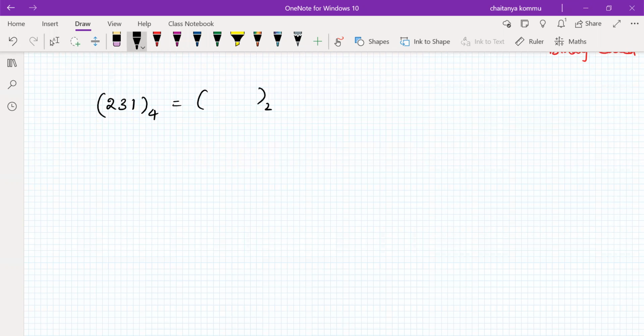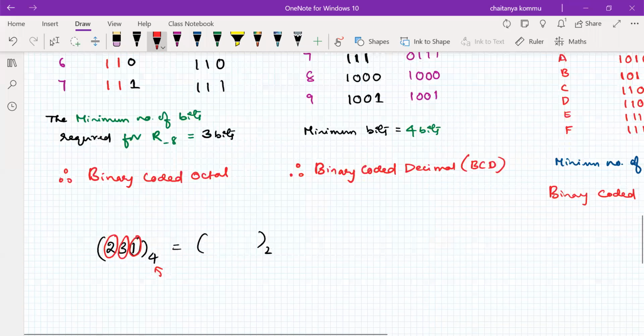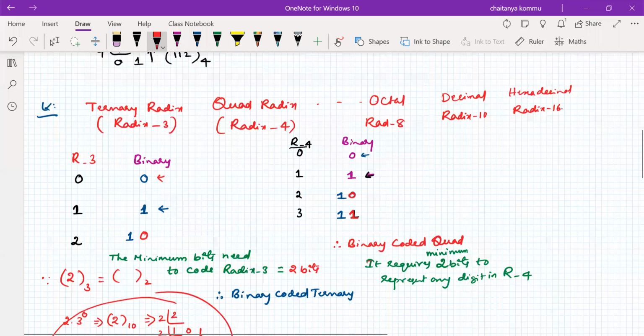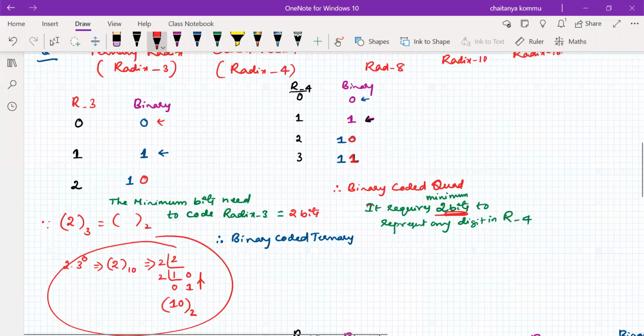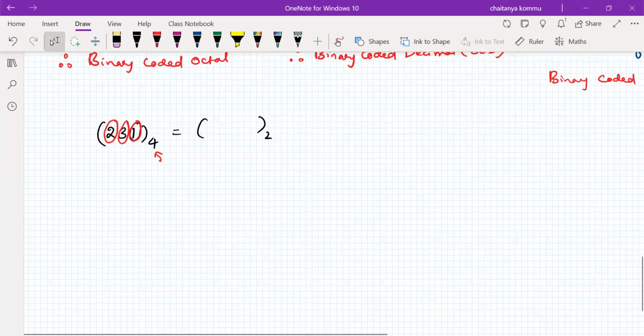Each and every digit, this is one digit, second digit, third digit. In radix 4, how many minimum bits are required to represent a digit? Minimum 2 bits are required. So we have to remember the weights, for example, suppose.